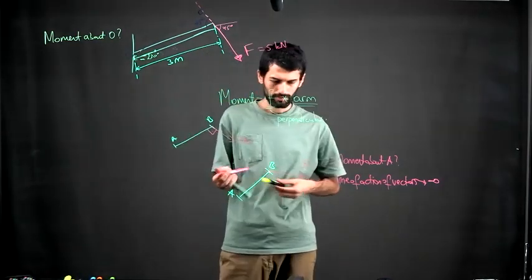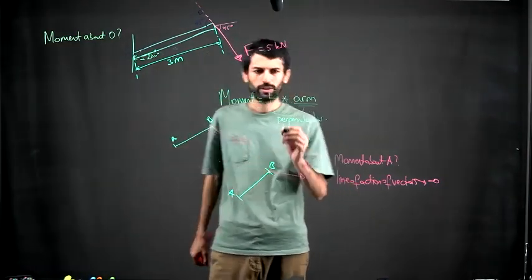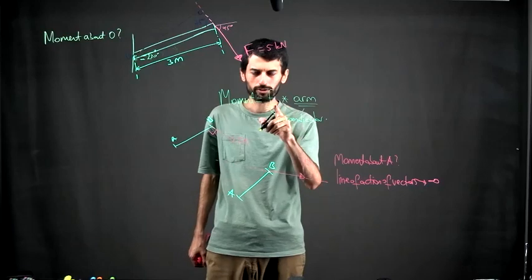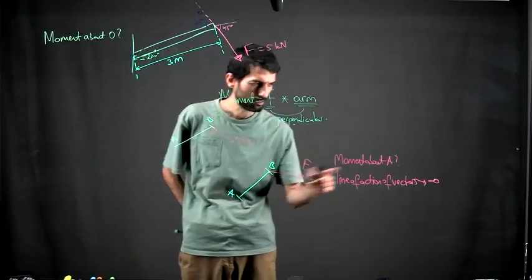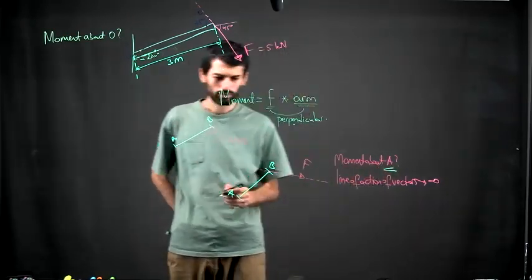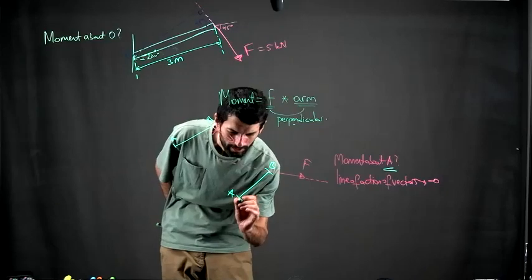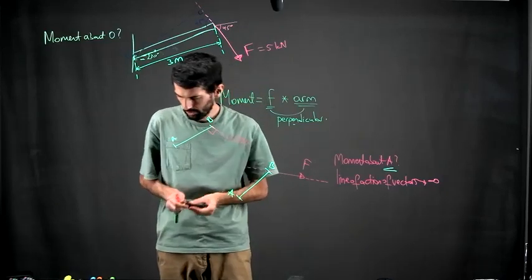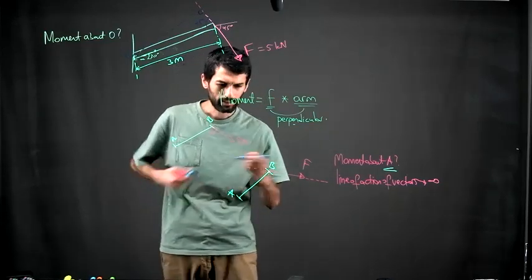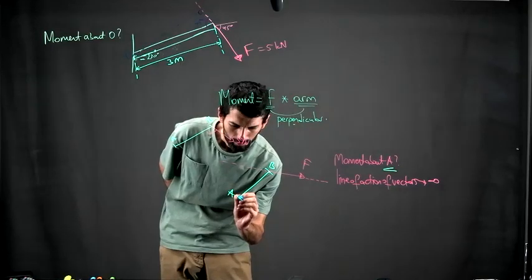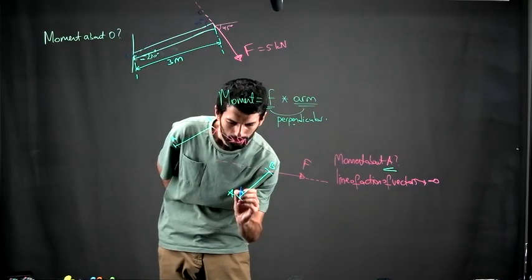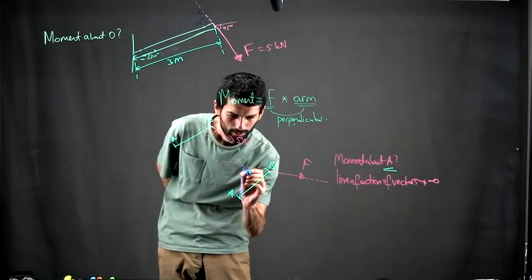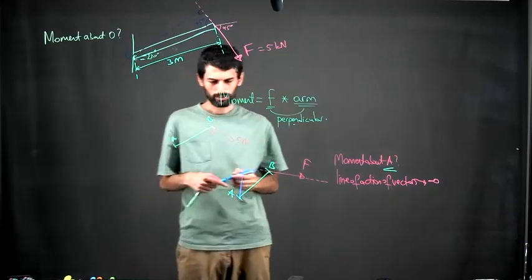So in this case, since I'm looking for an arm that's perpendicular to the force, and I'm looking for the moment about A, I will start at A. Let me use a different color. I will start at A, then I move up, and then I have the 90 degrees.